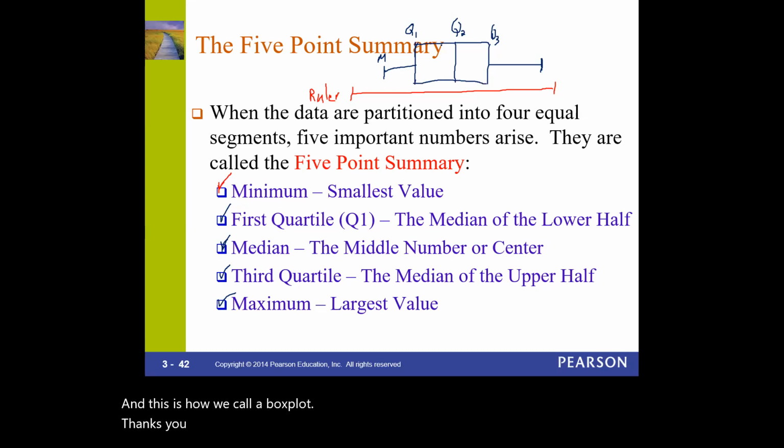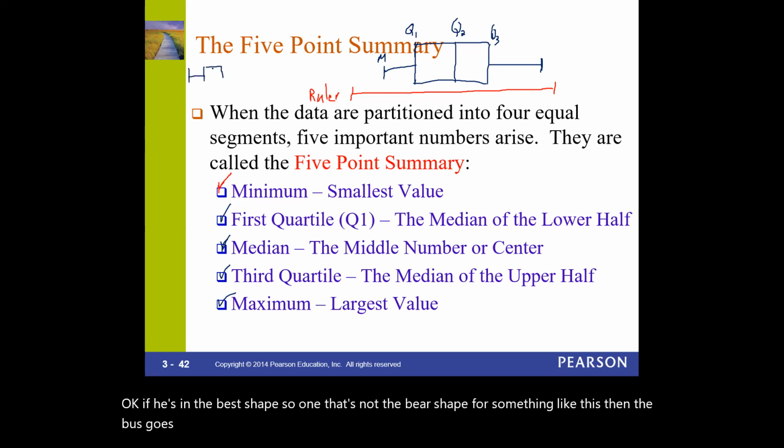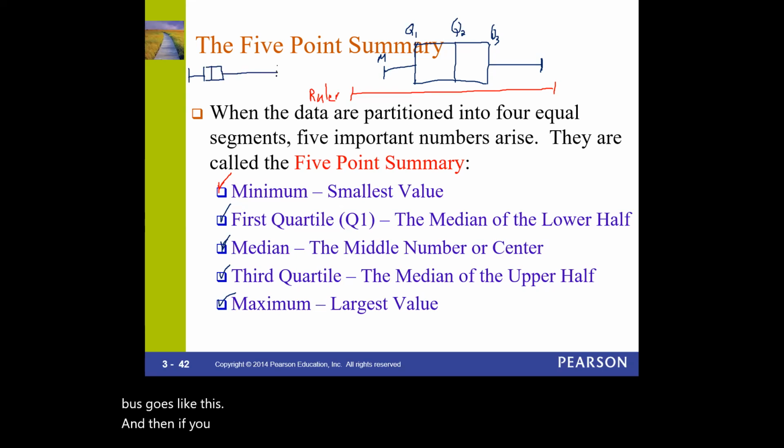This box plot looks like what you call a bell shape. If it's not a bell shape, if you have something like this, then the box goes like this, and if you have a long bar over there, you say this is right skewed.